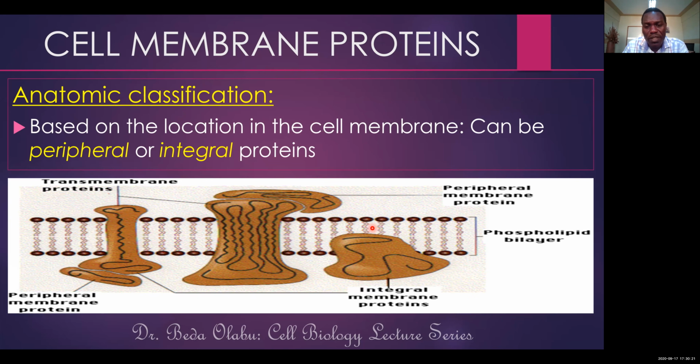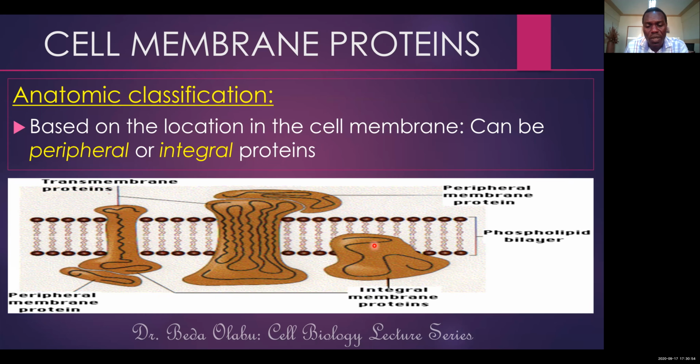There are some proteins which are within the membrane, like this one, and this one. At least part of them is within the membrane. Such proteins are termed integral proteins. Among the integral proteins, there are those proteins which actually go through the whole membrane, like that and that.